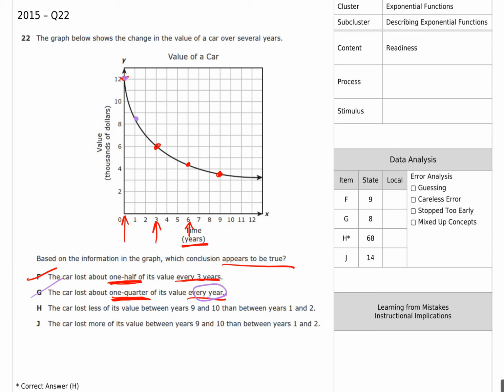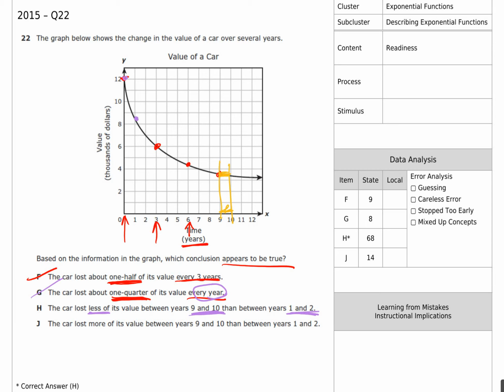H, the car lost less of its value between years 9 and 10 than between years 1 and 2. So let's take a look between years 9 and 10. Here's 9 and 10. Here we are. How much did it lose between 9 and 10? Well, that is small.